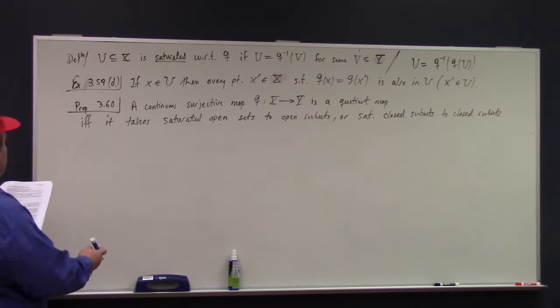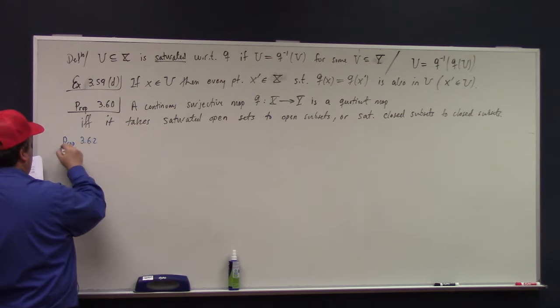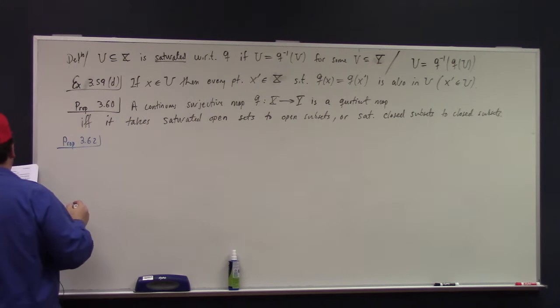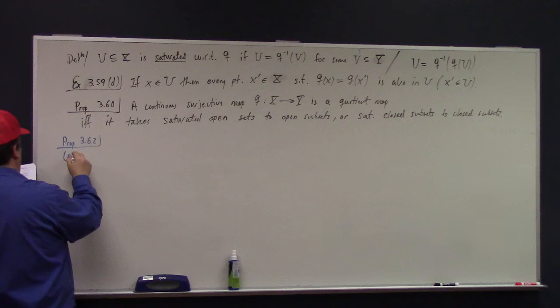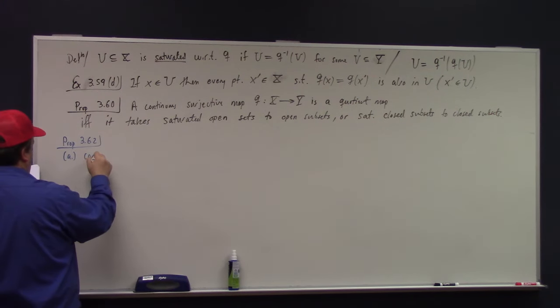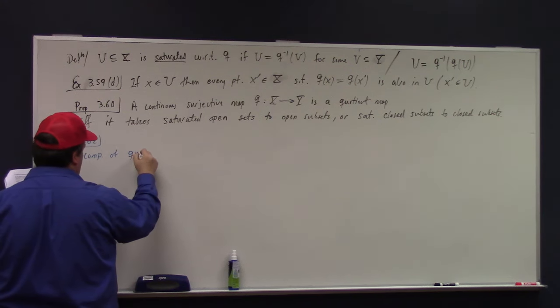So Proposition 3.62 has some properties of quotient maps. Part A, a composition of quotient maps is a quotient map.